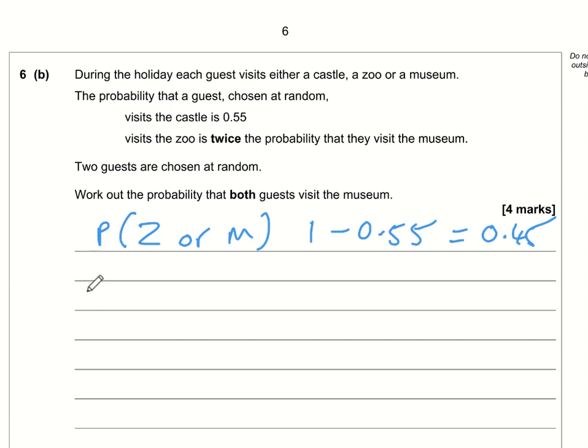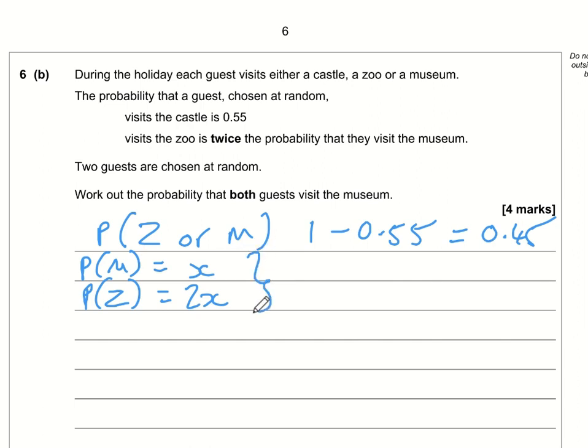So let's write it like this. Let's do the probability that they go to the museum first. So the probability of somebody going to the museum, let's call it X. I know introducing algebra might seem a bit complicated, so therefore the probability that they go to the zoo is double that. So if it's X for the museum, then it's going to be 2X for the zoo.